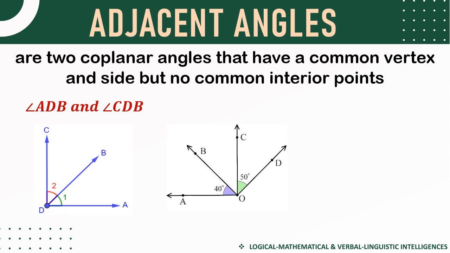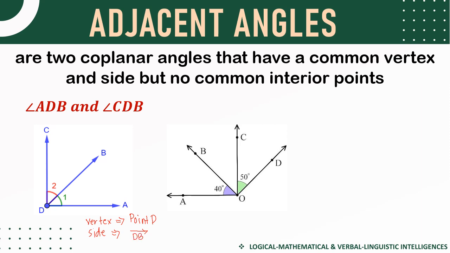Again, I'm going to write here the common vertex, which is our point D, while the common side here is ray DB.